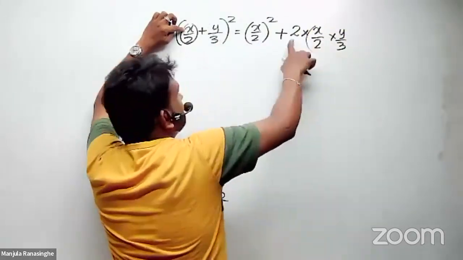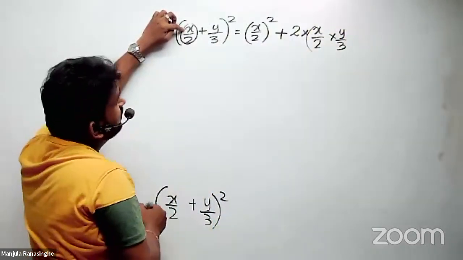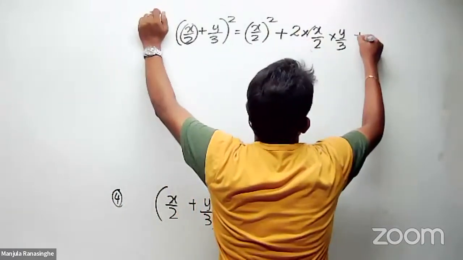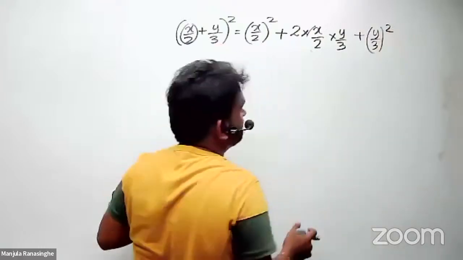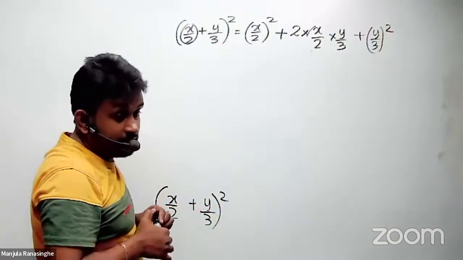Then plus the second term squared. The second term is y upon 3, keep the bracket and take the square. Understood?